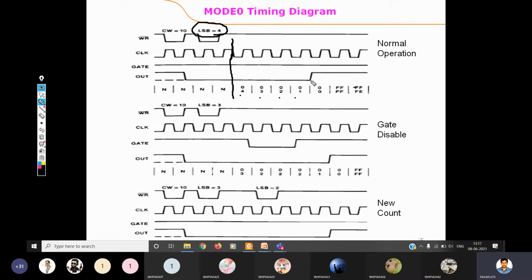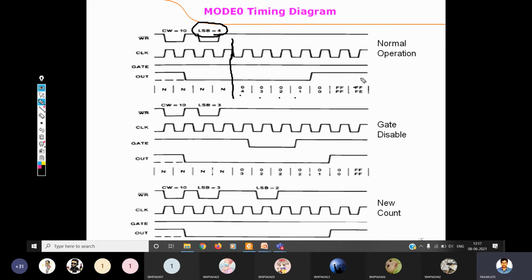So the output signal status is changed, which indicates an interrupt, because interrupt on terminal count is mode 0 here. So since the state is changed, an interrupt will occur. Okay. So what it is indicating is that the terminal count value is completed, the counting is completed.